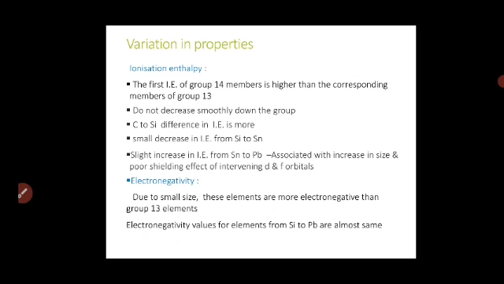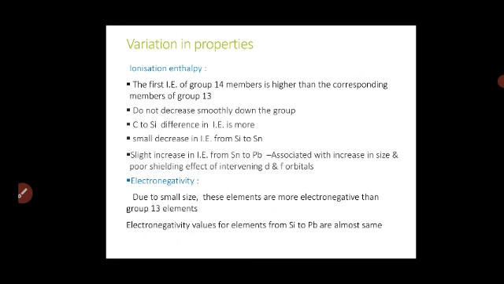Whereas if the electron is actually required and we have to remove it, then it requires more energy, right? This is the trend we have already seen: when we go from left to right, ionization enthalpy always increases, whereas from top to bottom ionization enthalpy decreases.